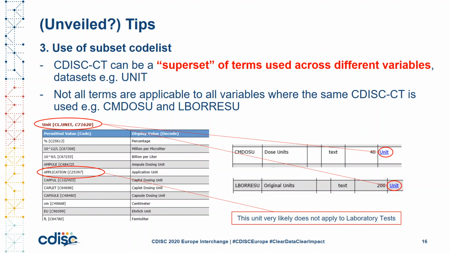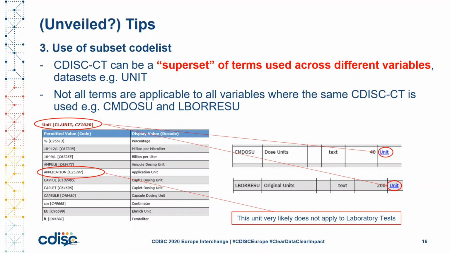This is the case, for example, of the unit CDISC controlled terminology that can be used by the variable LBORRESU or SUDOSU in LB or SU, or also by the variable CMDOSU in CM, and many other similar variables in other domains. So, for example, the term APPLICATION available in the unit CDISC controlled terminology, while it is applicable for CMDOSU, very likely it is not for LB or SU.